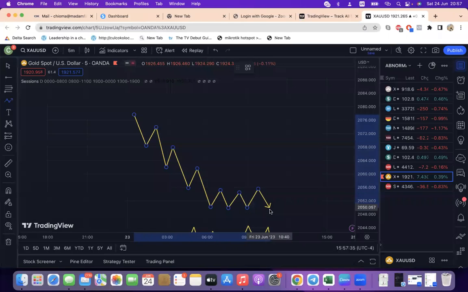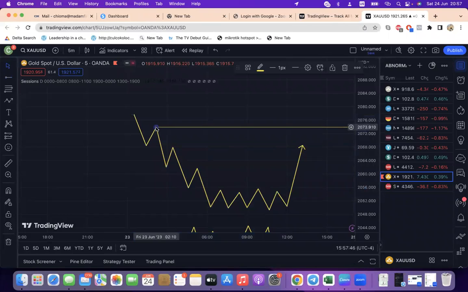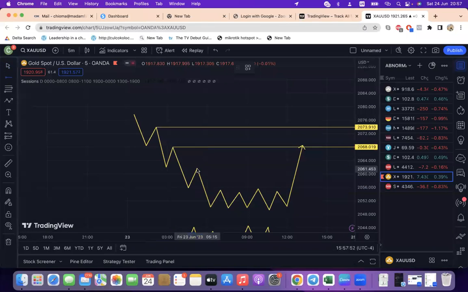Now you have to be able to identify your starting points. Here is a starting point that push the market lower. Here is another starting point that push the market lower.